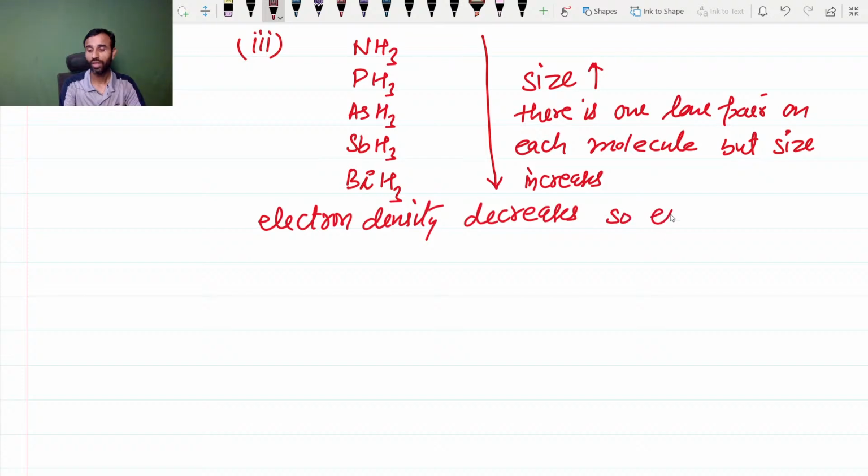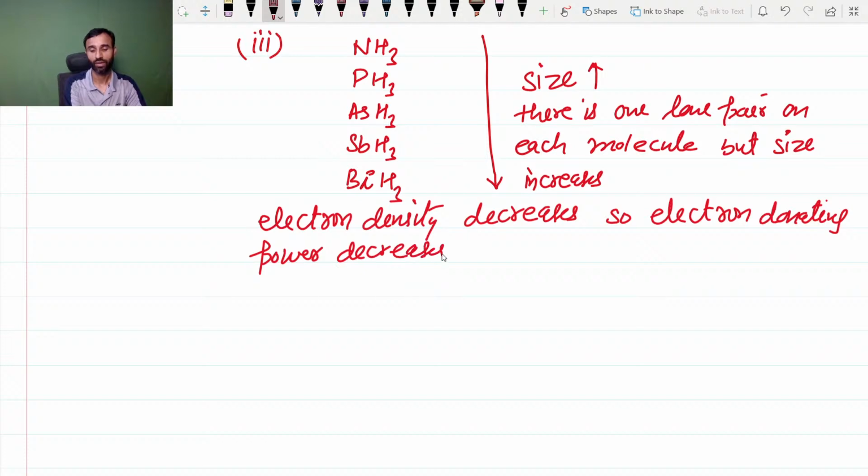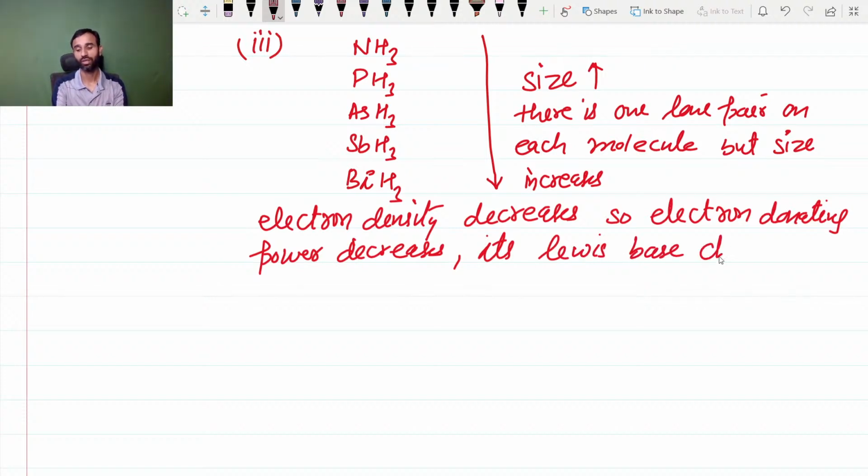So electron donating power decreases, because the more the electron density, the greater the electron donating power. As electron density decreases, electron donating power decreases, so its Lewis base character decreases.